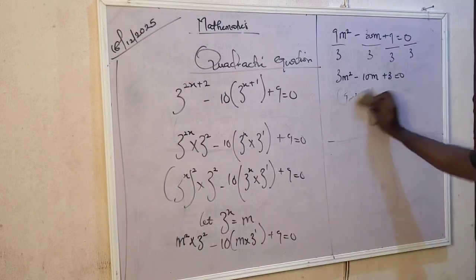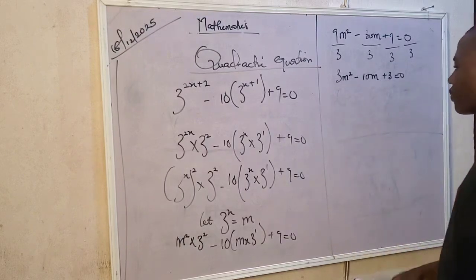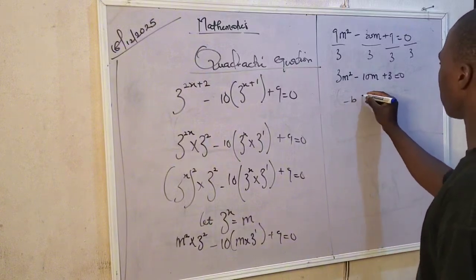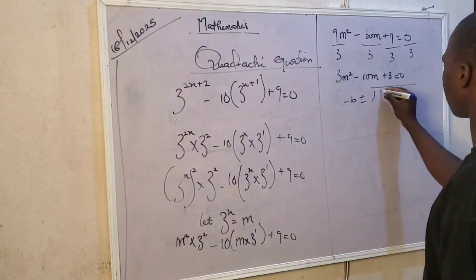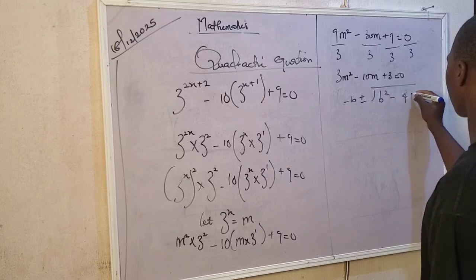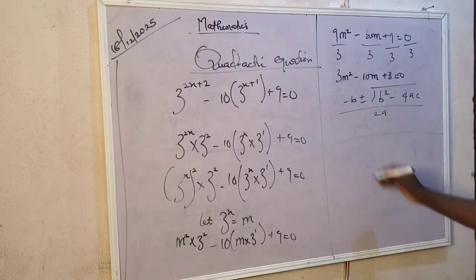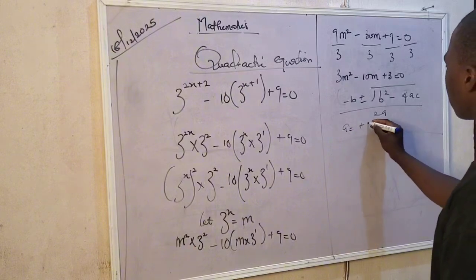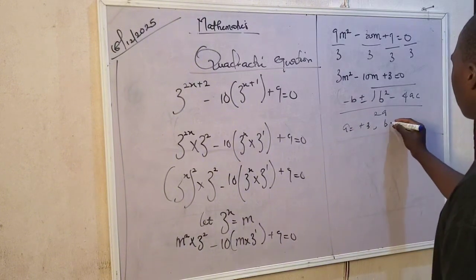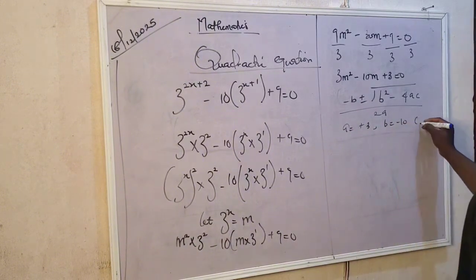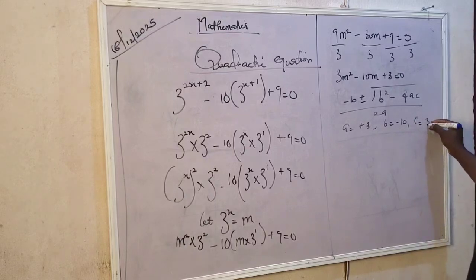Yes. So since factorization won't work here, we use the formula method. Now be short and quick. The formula is minus b plus or minus the square root of b squared minus 4ac, all over 2a. So our a is equal to plus 3, our b is equal to minus 10, and our c is equal to 3.